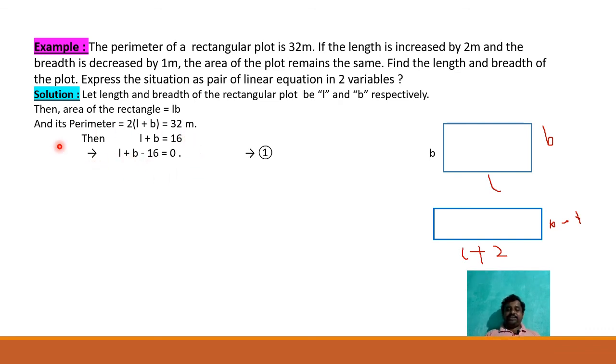If we express it as a linear equation, L plus B equals 16, 16 moves to the LHS as minus 16: L plus B minus 16.